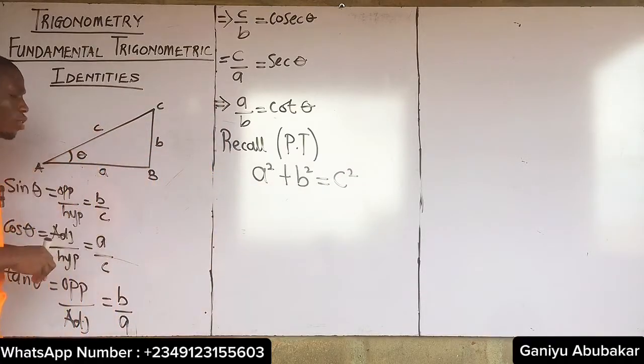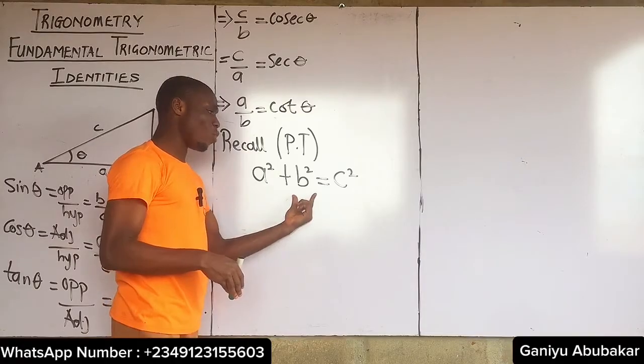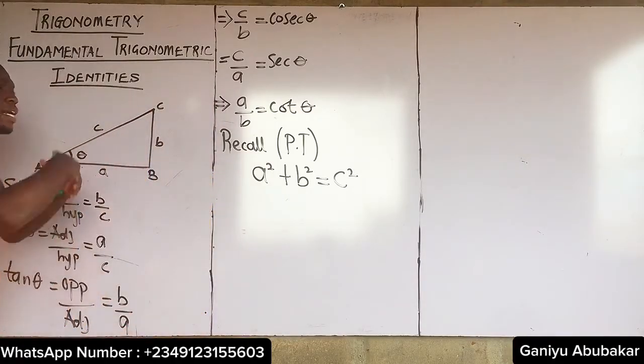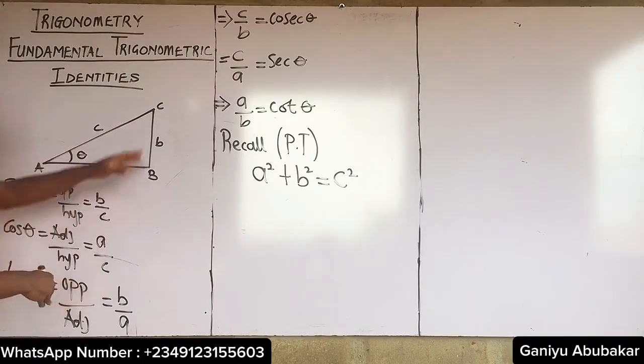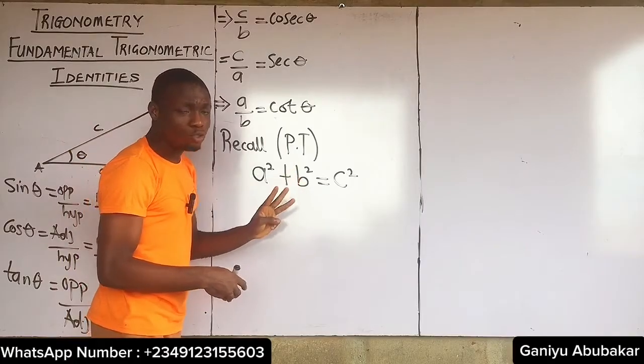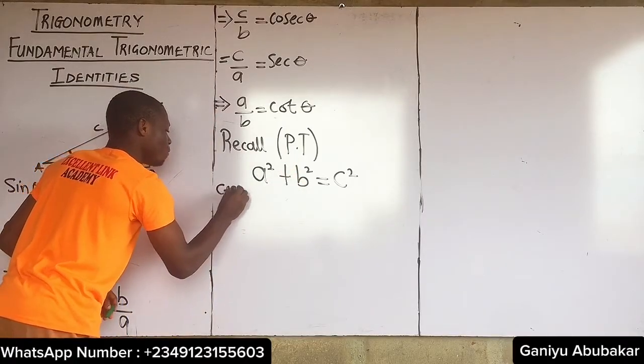When it comes to deriving the mathematical expression for trigonometric identity, there are about 3 formulas, which we'll be deriving now. So let's start with the first one. Let's call it case 1.